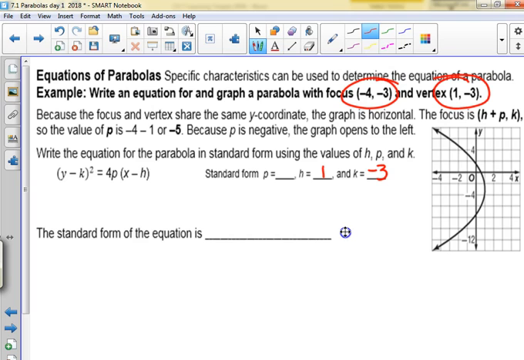All right. Then we need to figure out what P is. Look at your sheet. If we know the vertex is at 1, -3, right here, and the focus is at -4, -3, wow.